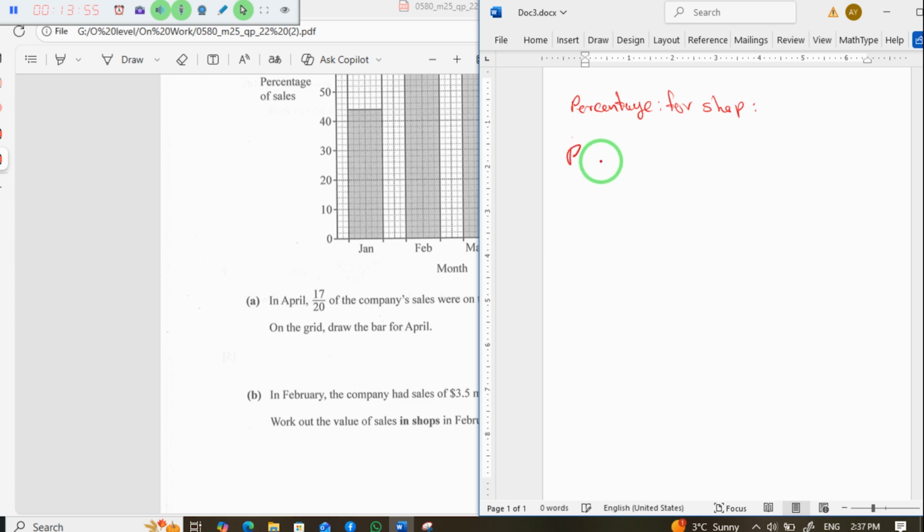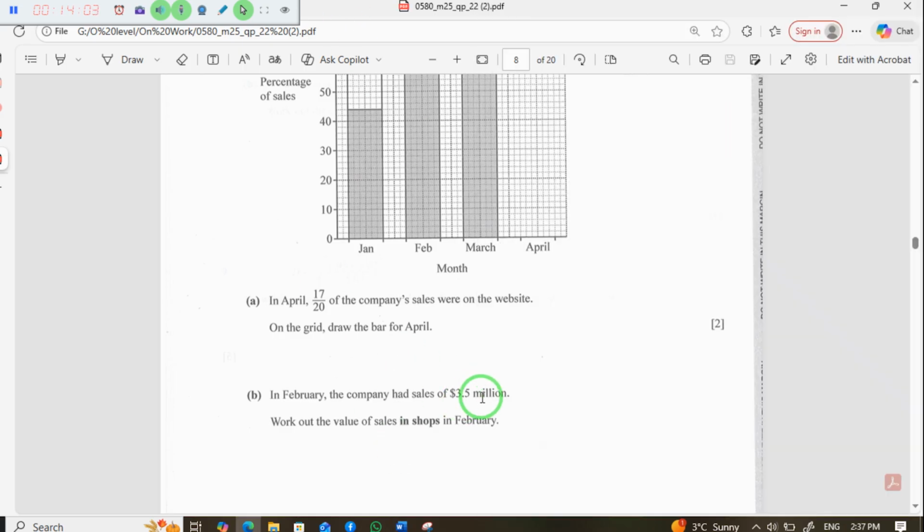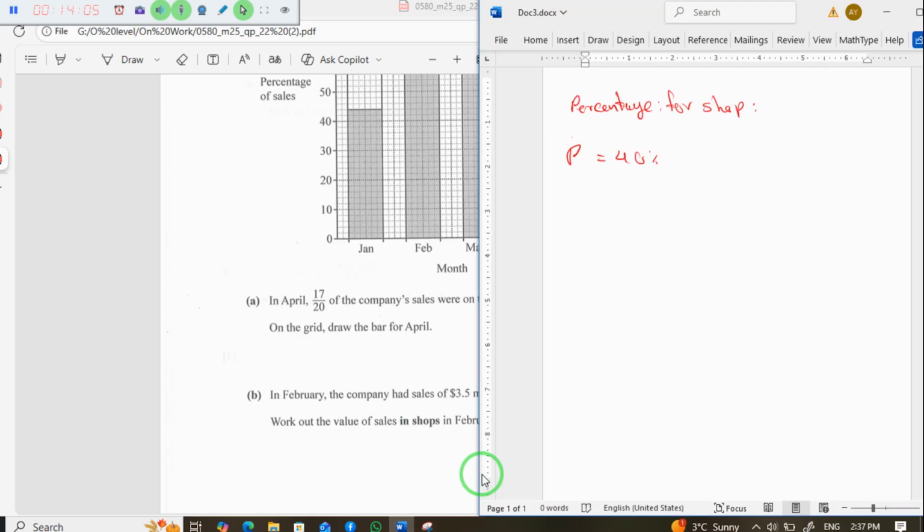So we can find the percentage of sales for shops. Here we have P equal to 40% of the amount we have, 3.5 million. We multiply 3.5 by 40%, which means 40 over 100 multiplied by 3.5.